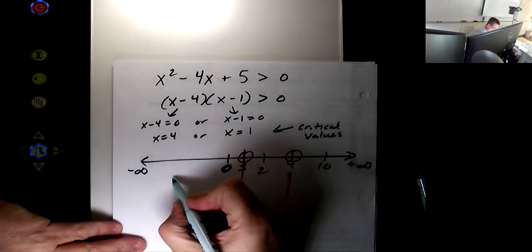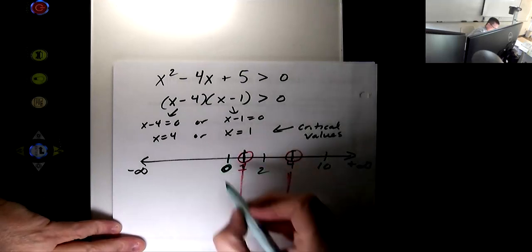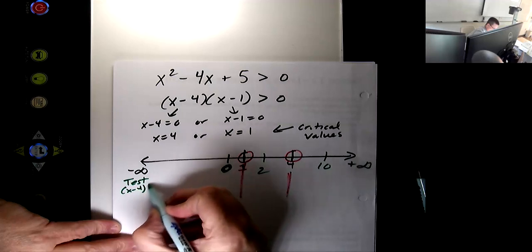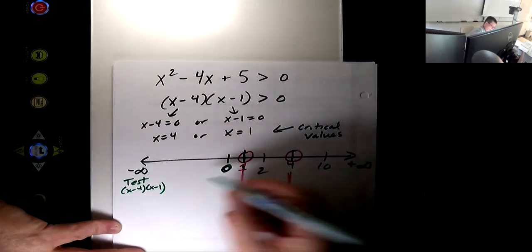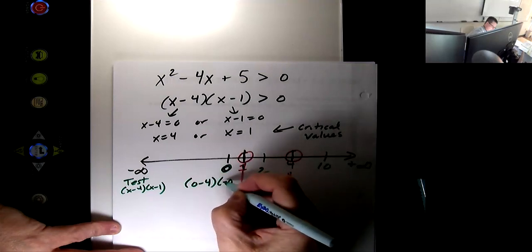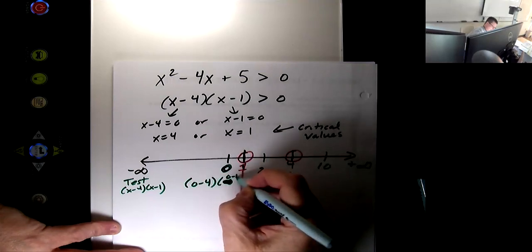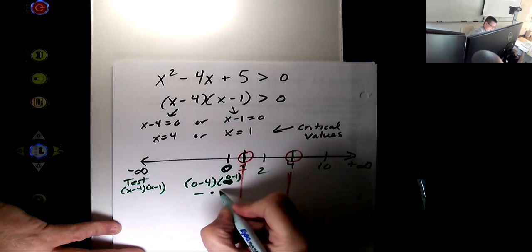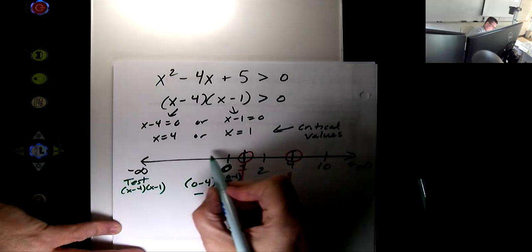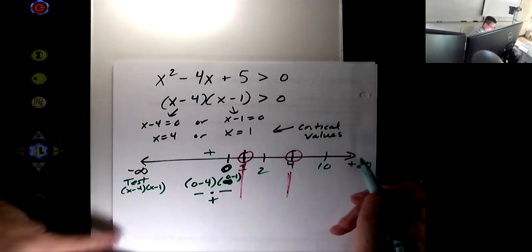We're testing x minus 4 and x minus 1 in each region. Here, if I do 0, I've got 0 minus 4 and 0 minus 1. Is a negative times a negative, which is positive. This region is a positive region.